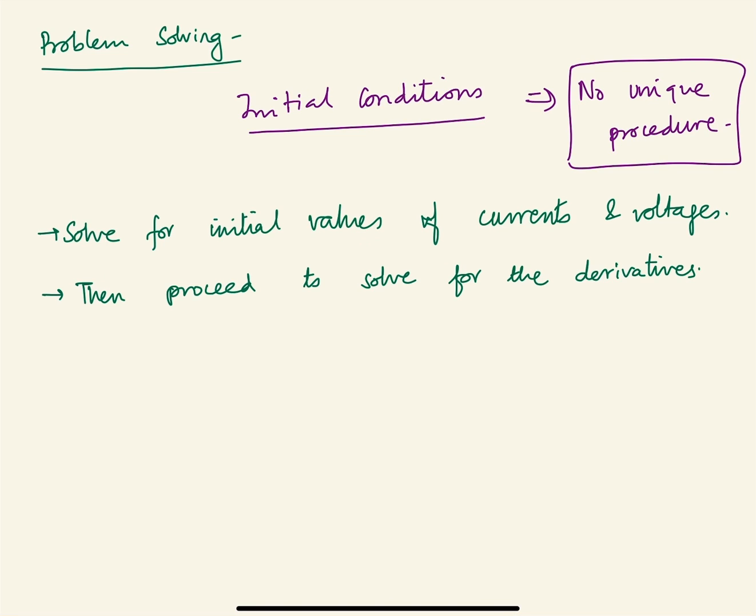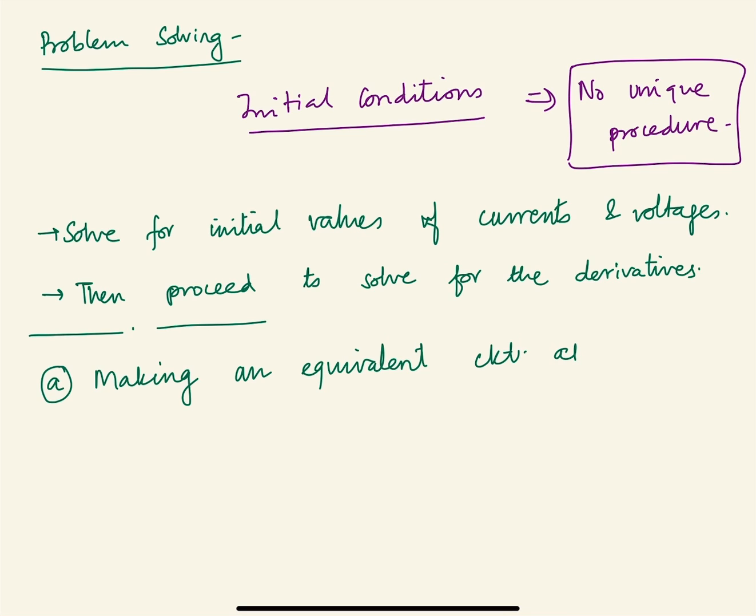Okay, so how do we achieve this? We start with making an equivalent circuit for any given problem. We make the equivalent circuit at t equal to 0 plus. So if you remember, this t is equal to 0 plus is the circuit just after the switching.